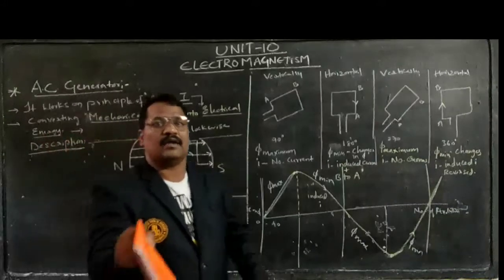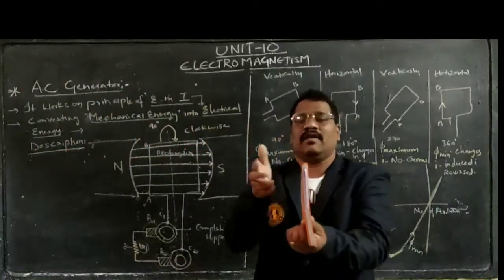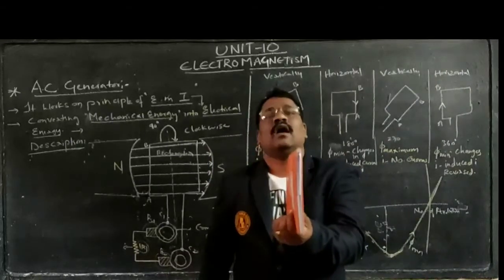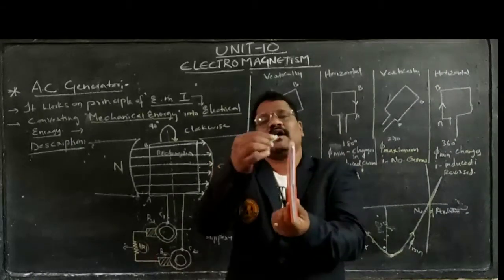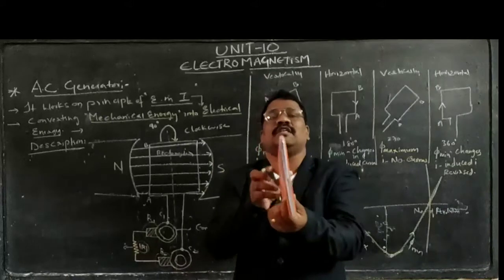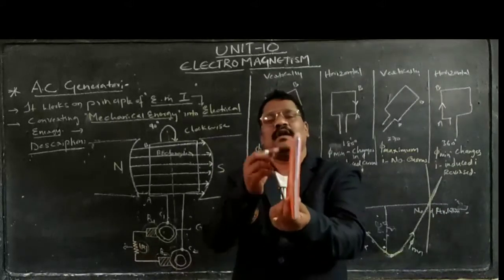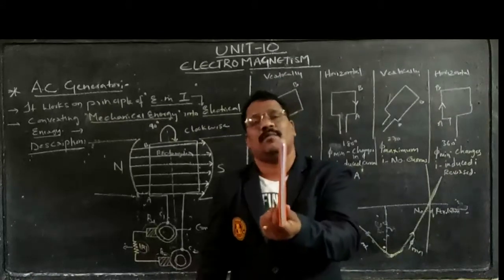First of all, this is the coil existing in between the horseshoe magnet. The coil is in a vertical position. This is the vertical position. This is the horizontal position. Now the coil is in the vertical position.